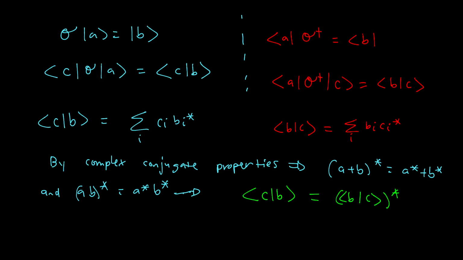And similarly, on the right, if O adjoint operated on bra vector A gives you bra vector B, that means ⟨A|O†|C⟩ equals ⟨B|C⟩.